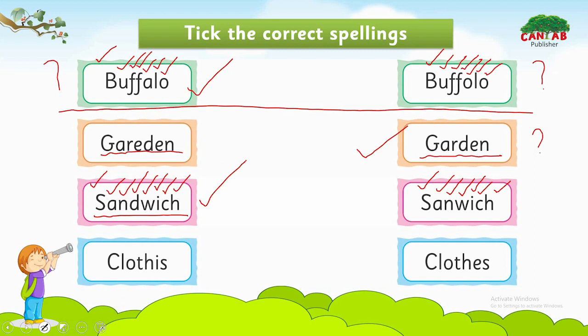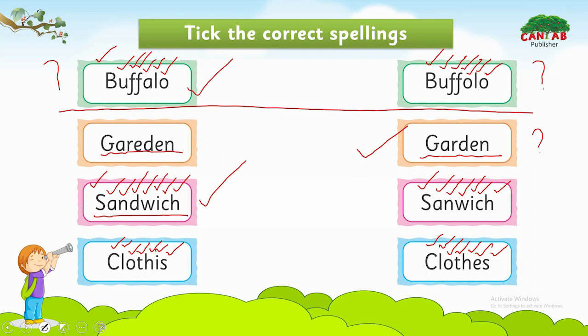Now the fourth one, you have to tell me this. C-L-O-T-H-I-S. What is this? Clothis. And the second option is C-L-O-T-H-E-S. That is what?